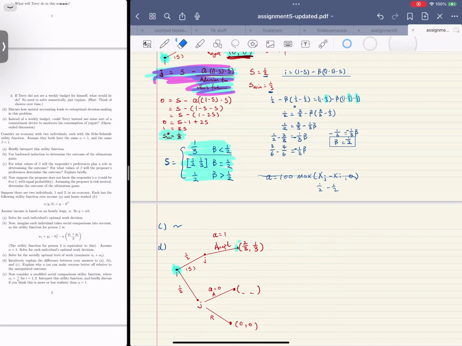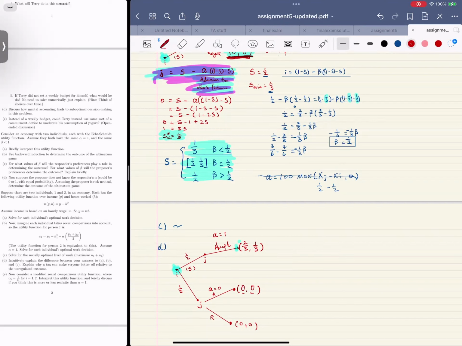In other words, J is willing to accept anything that he is given. Okay.